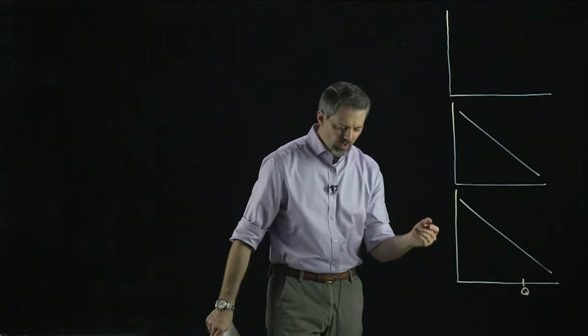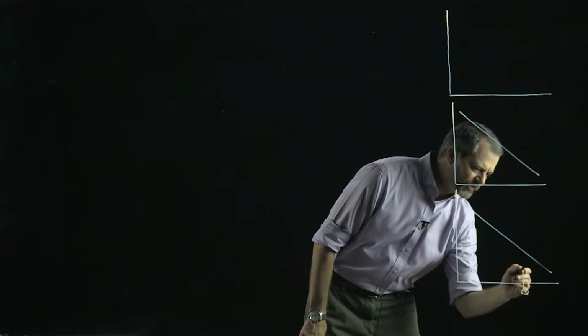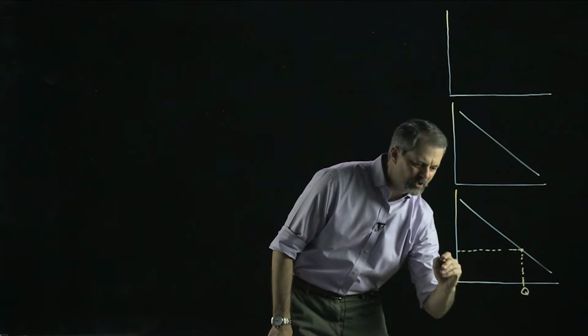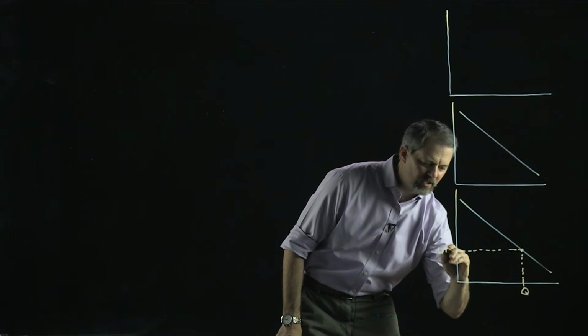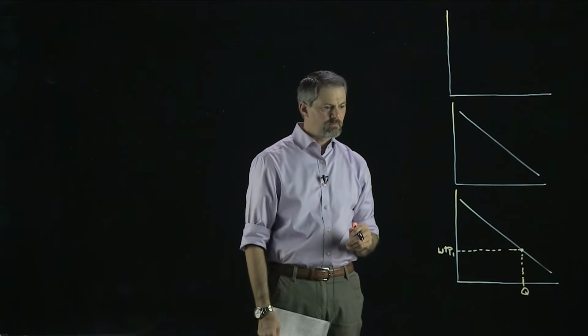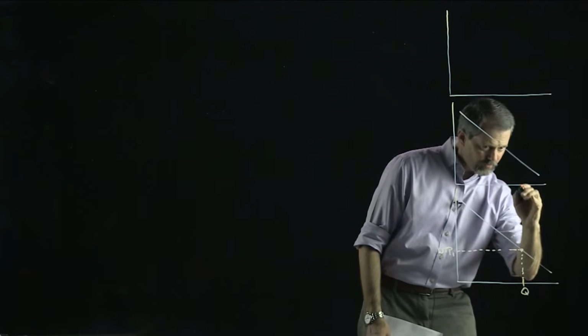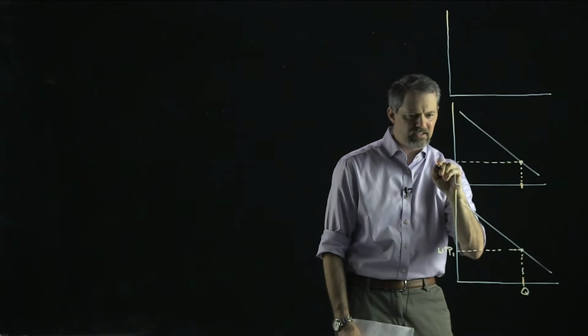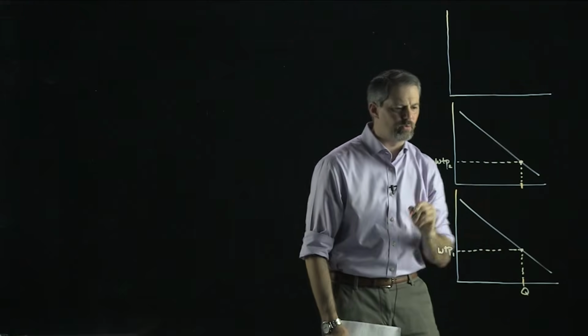And let's go up to this demand curve to see what this consumer is willing to pay for that particular quantity of the good. Here would be consumer 1's willingness to pay. We'll call it willingness to pay 1. And then if we think about at that quantity what this consumer is willing to pay, this consumer is willing to pay this amount. Let's call it willingness to pay 2.